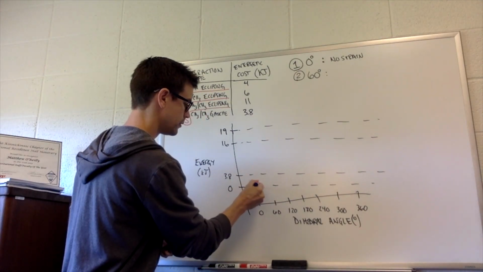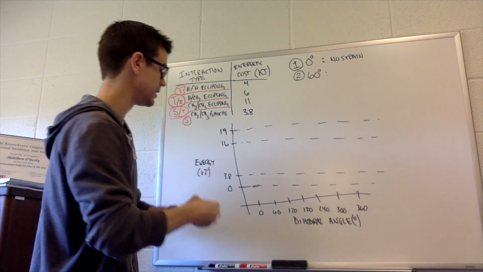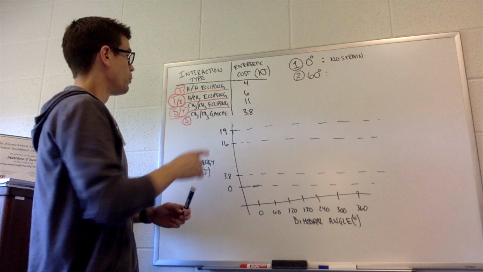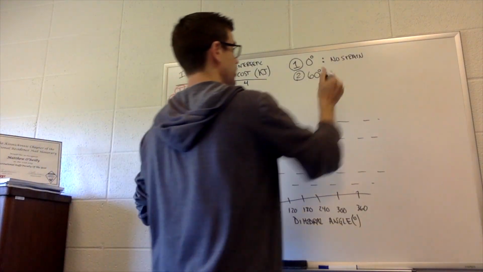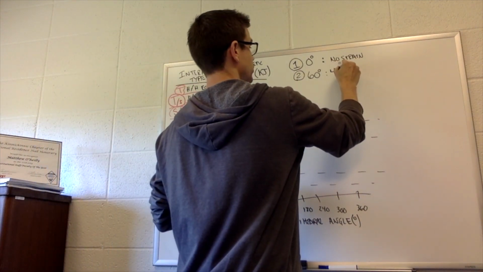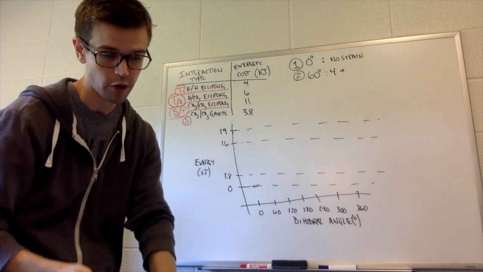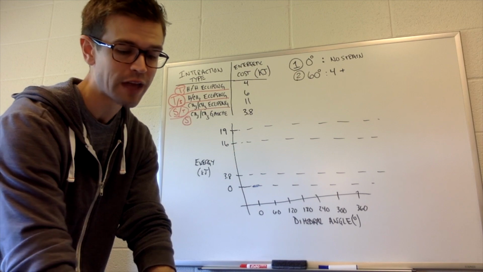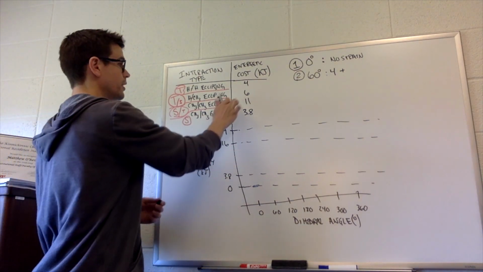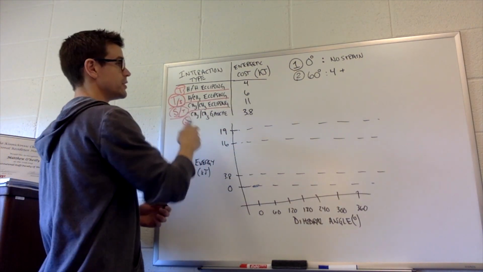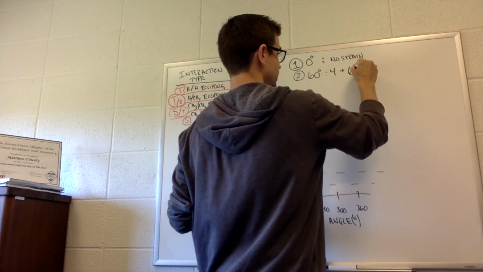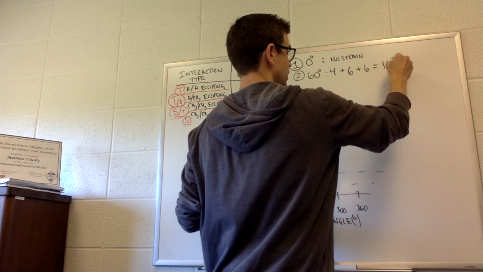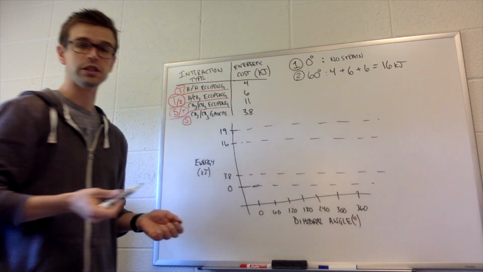When we went up to 60 degrees, we have an HH eclipsing, worth 4 kilojoules. We also have an H eclipsing with a CH3 and another H eclipsing with a CH3, so 2 of these H-CH3 eclipsing interactions. That's plus 6 plus 6, so that's 16 kilojoules of energy.